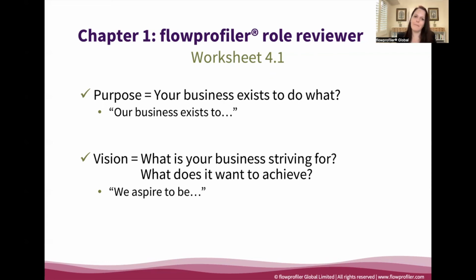The vision becomes a little bit more aspirational. So this is about what is your business striving for? What does your business actually want to achieve? We aspire to be the most nourishing, well-known brand of soup on the planet. Very aspirational statement. So all you need to do here is finish the sentence, we aspire to be.